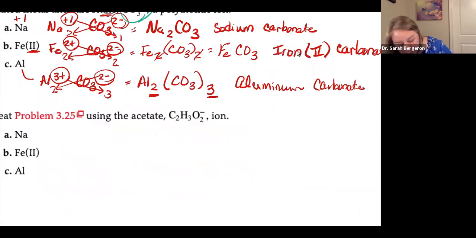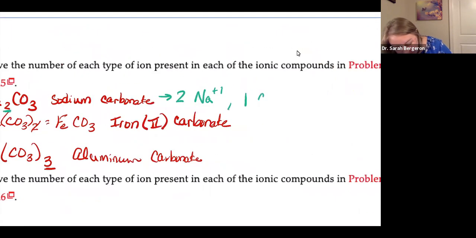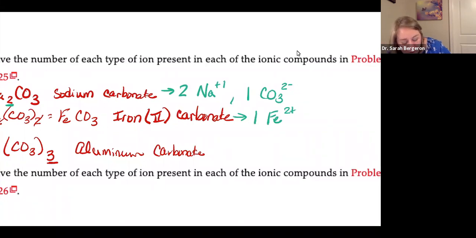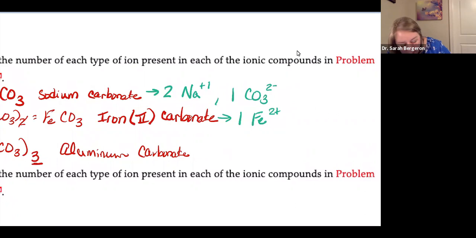CO3, 2- is carbonate. So I have 2 sodium ions, 1 carbonate ion. In the next one, I have 1 iron 2, and so I got to make sure it's an iron 2 ion, and I have 1 carbonate.